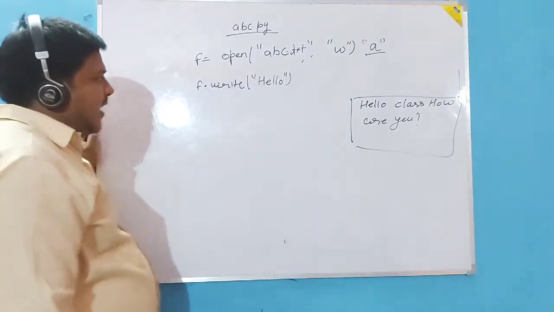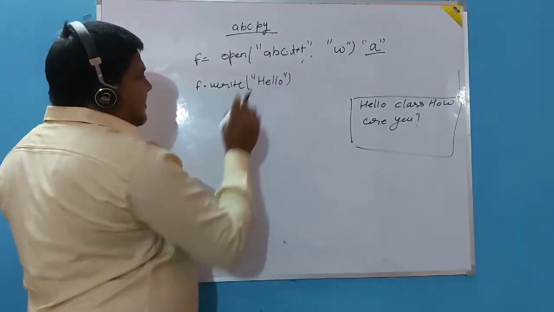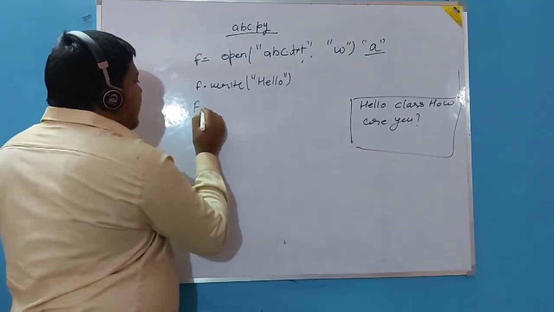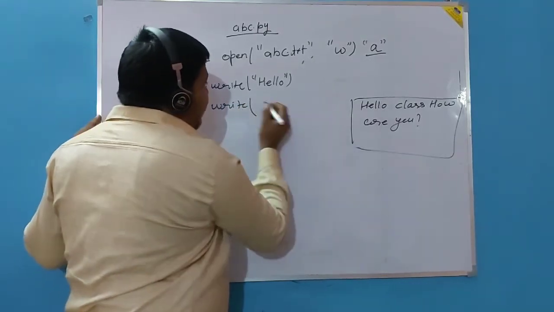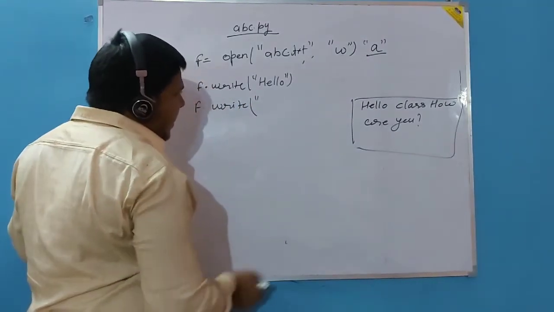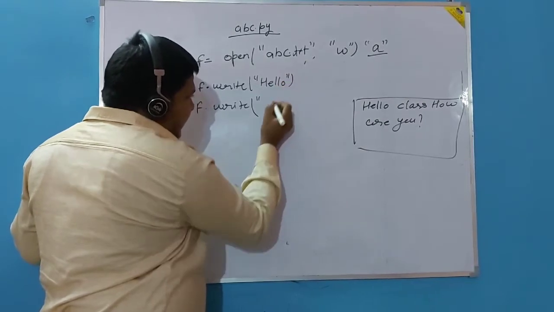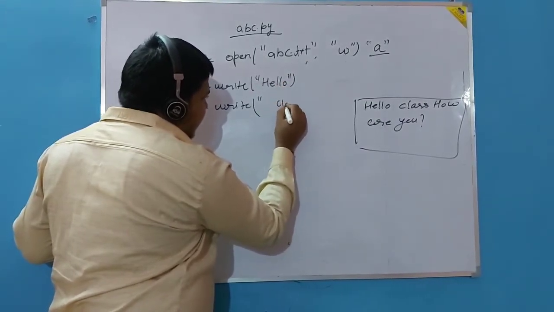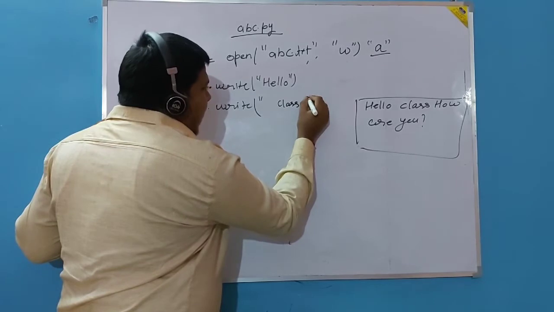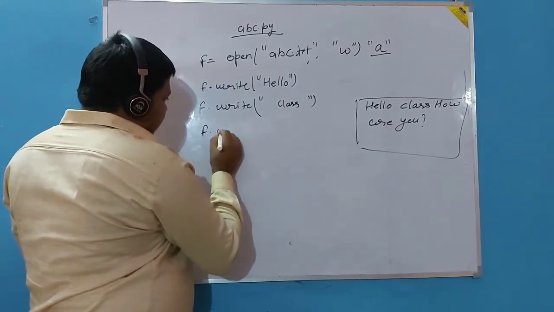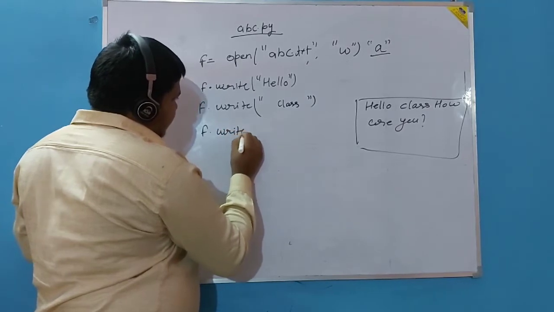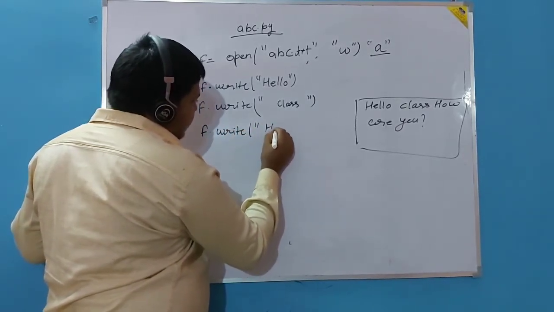Clear? So look here how we will write. f.write hello, then again f.write class. And one more thing, after hello you have to give a space. If you have not given the space there, then you have to give the space, then write class and then again give a space. Then again f.write how.